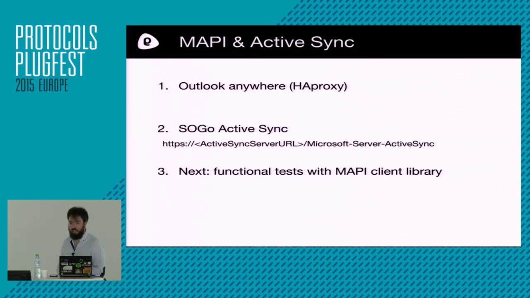We use HAProxy, sorry, difficult name, and for ActiveSync we use the SOGo implementation, as Mateo said. I just have included the URL there, and I will be showing you how to monitor generic URLs, as this is not ready in Sential Cloud yet.